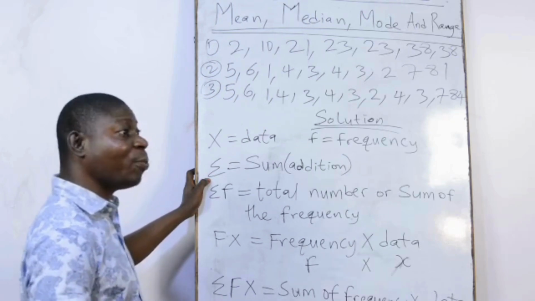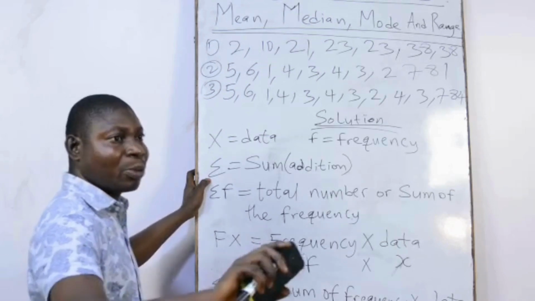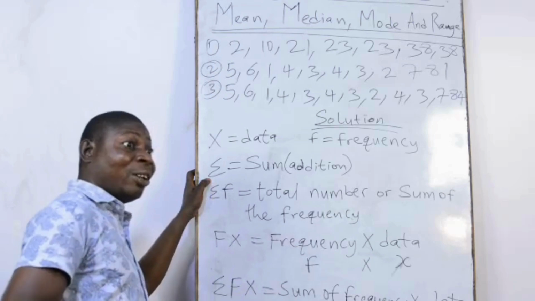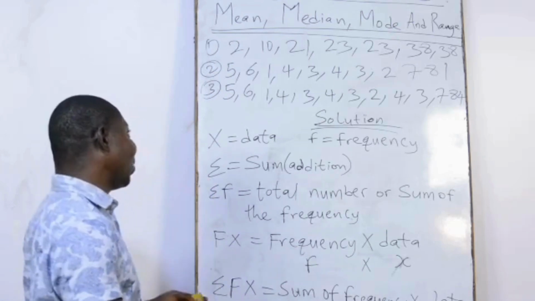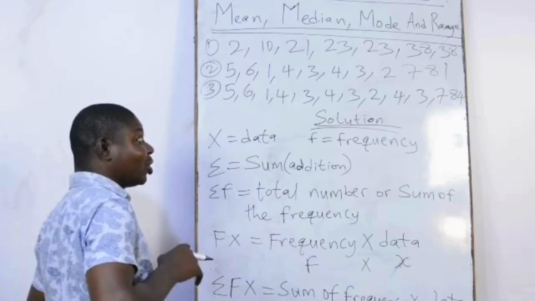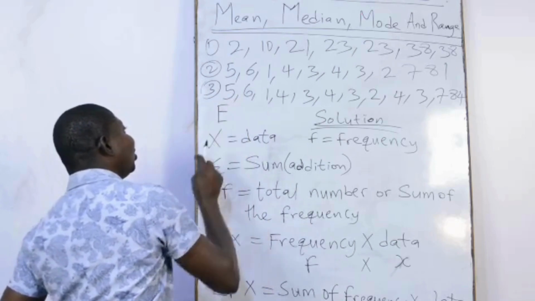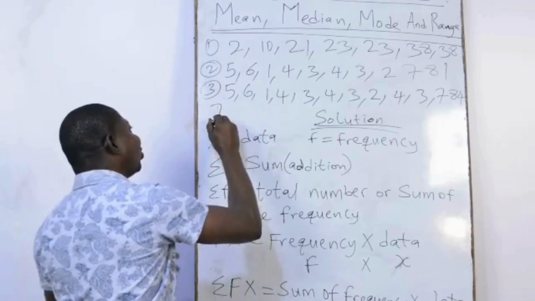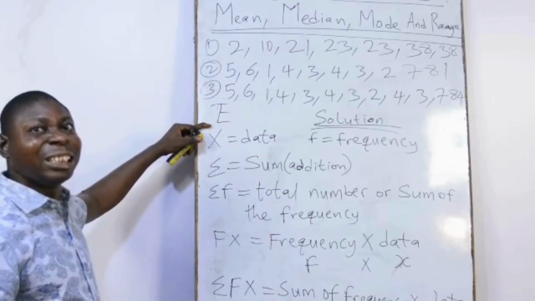Although we have different meanings and a lot of things in mathematics, because of your level you don't need to know that for now. But if you have interest to study mathematics in future, you will know much about that. For example, if I want to write something and I don't want anybody to know, I can write it in a code.